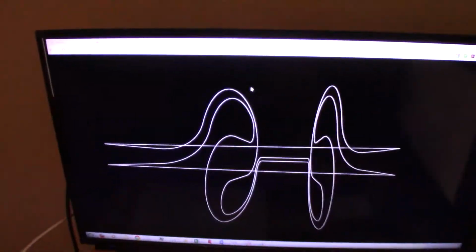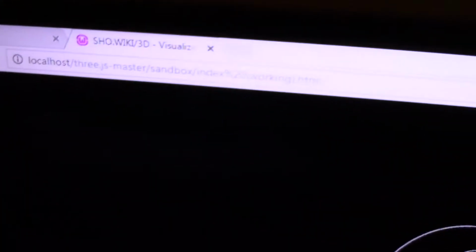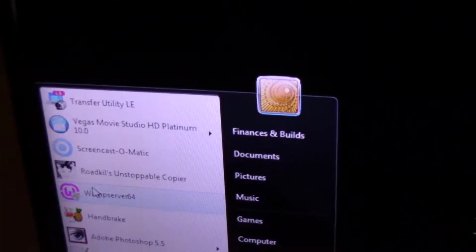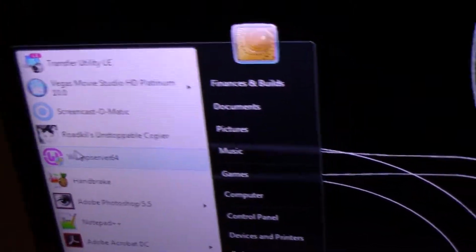Okay, so this is our S.H.O drive animation rendering on the local host here, a LAMP server. That's WAMP server. Just to give you an idea. Okay, there it is. WAMP server 64. Okay, there's the S.H.O drive logo.